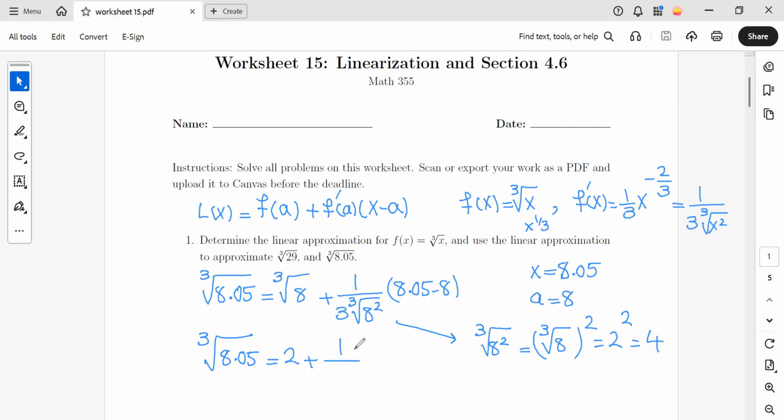And we have a 3 here, so altogether we would have 1 over 12 times 0.05. Using a calculator, it will be approximately 2.004, which makes sense because it will be a little bit more than cube root of 8, which is 2, so a little more than 2.